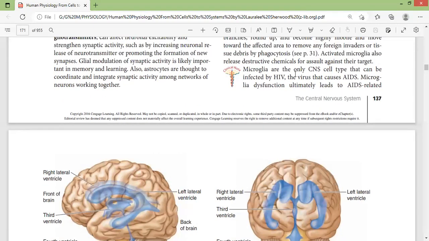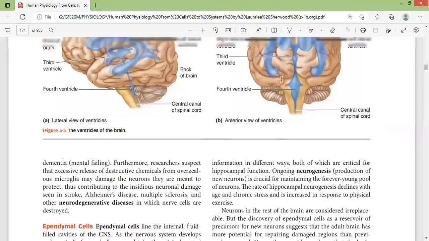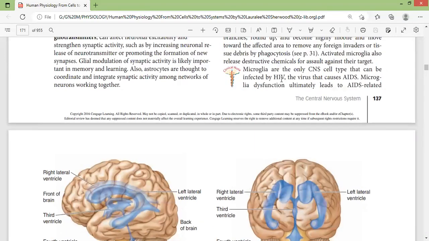And because they are the immune cells, they are the only CNS cell type that can be infected by HIV. We know HIV will infect the immune cells. Neurons can't be infected by HIV, but these microglial cells can be infected.